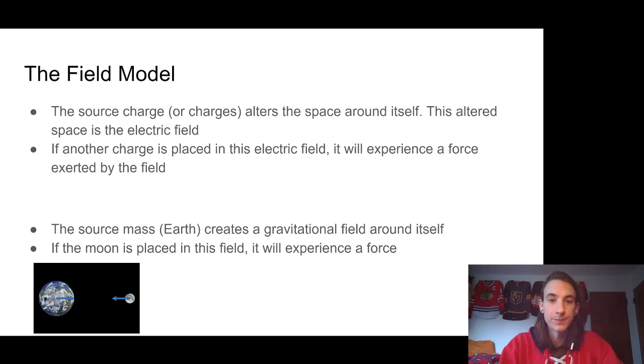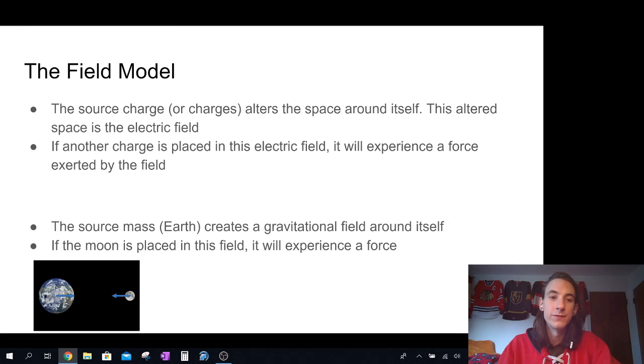To compare it to what we're used to, we talk about the Earth as a source mass that's creating a gravitational field. We know the moon is gravitationally bound to the Earth. So the Earth is creating this gravitational field. If we put the moon in this gravitational field, how much force does it feel?